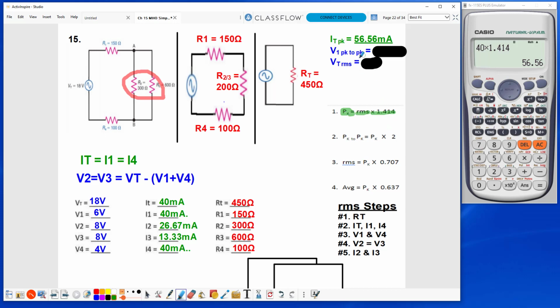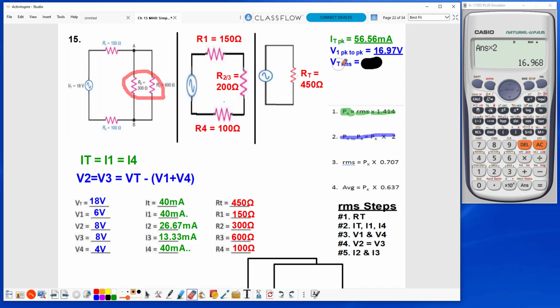V1 peak to peak. All right, so I have a V1 RMS of 6 volts. So I take the 6 times 1.414, which gives me 8.48. That would be my V1 peak. If I say times 2, that gives me my V1 peak to peak, 16.97 volts.